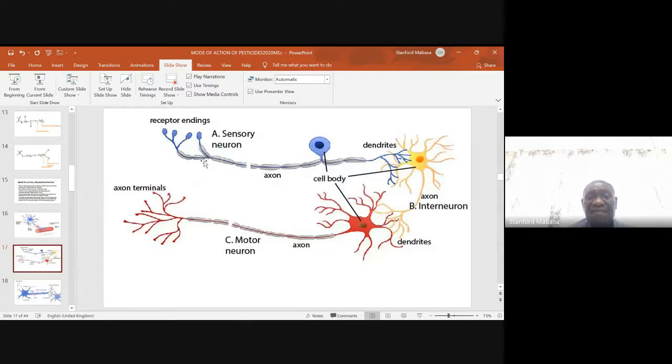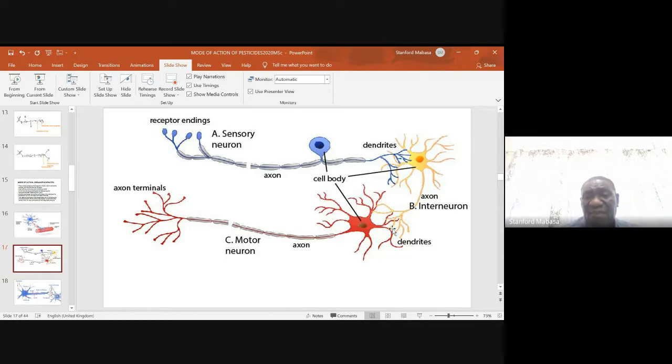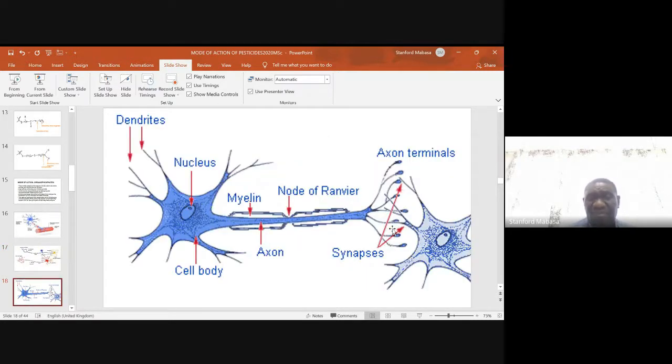So this is the nervous system, and within it we have acetylcholine, which transmits messages.